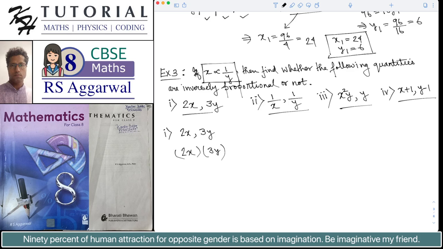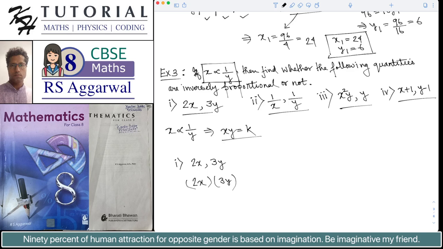Now since it is given that the quantities x and y vary inversely, we know that the product must be some constant. Let's say that constant is k. We will use this result, that xy is equal to k, where k is a constant.